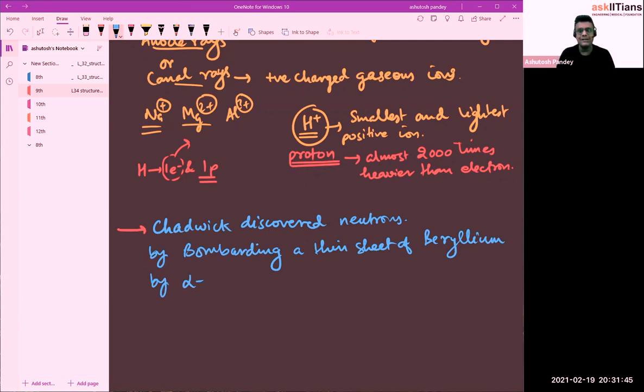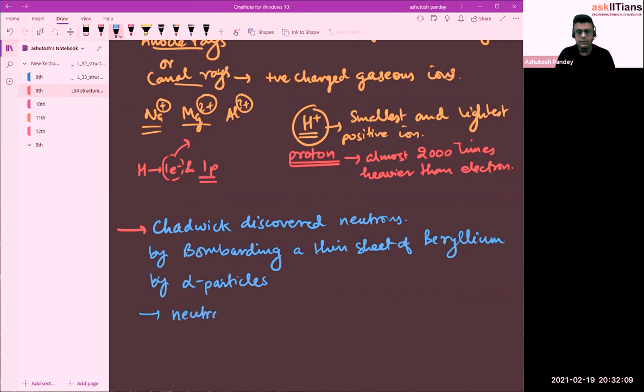Alpha particles are charged helium atoms, helium ions. So he put a thin beryllium sheet and made these alpha particles hit the beryllium sheet.